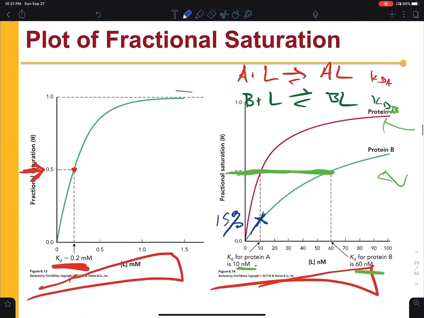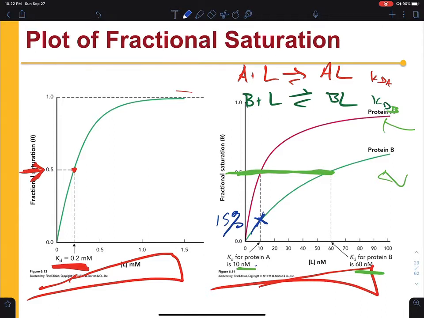Okay, so last time we looked at how ligand binding affects the saturation of a protein. We were able to quantitate that. We derived the binding of that ligand to the protein and figured out that it was a function of ligand concentration, at least at a given concentration of protein.